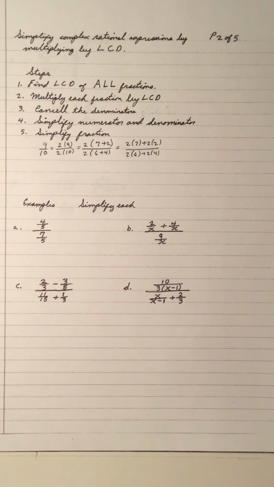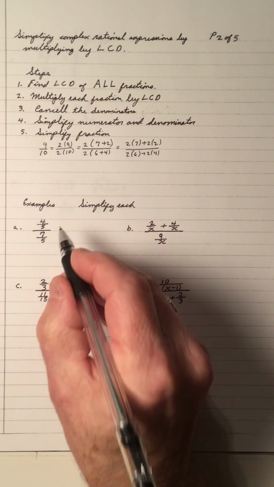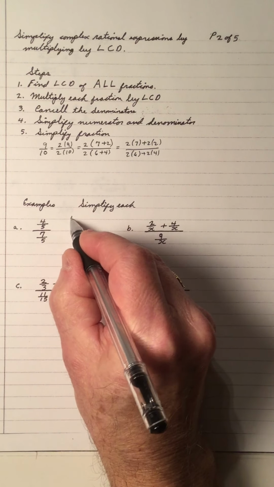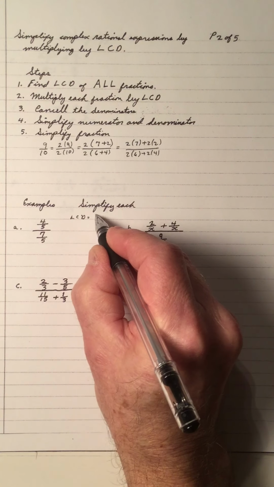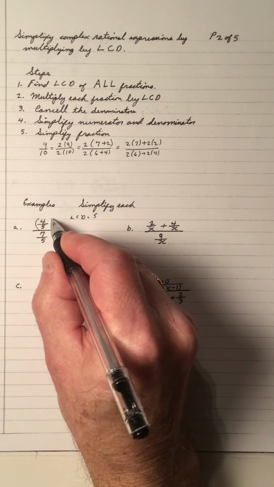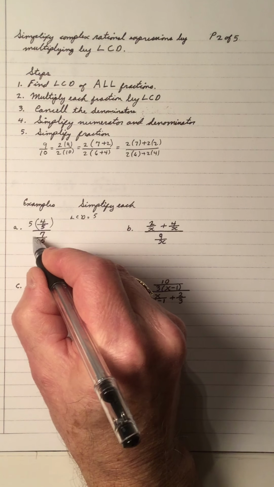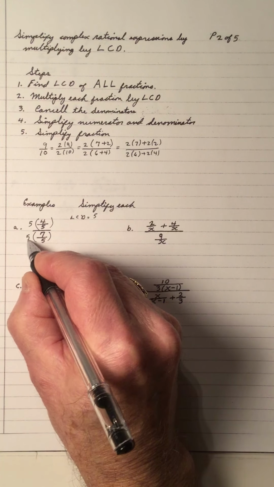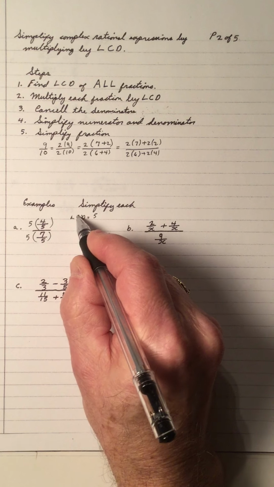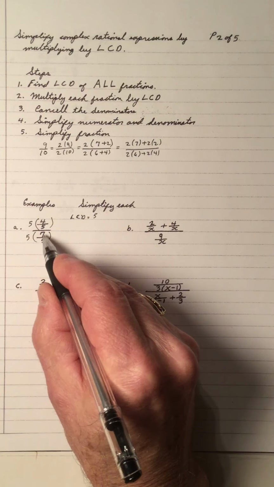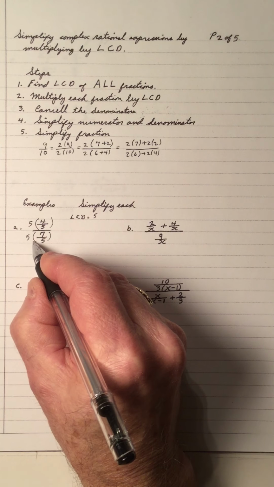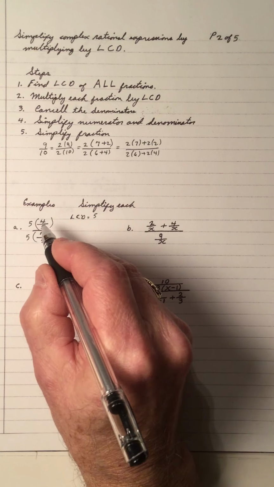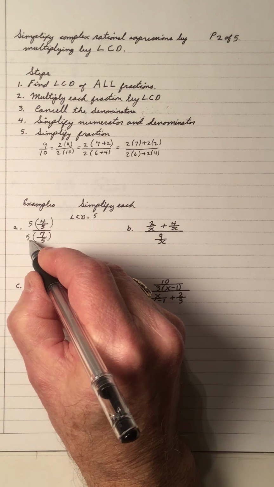Simplify each. We're going to find the LCD of these two fractions, which is 5. So that means we're going to multiply the numerator by 5 and the denominator by 5. So multiply the top by 5 and the bottom by 5. Because we've done that, we kept it balanced by 5 over 5.